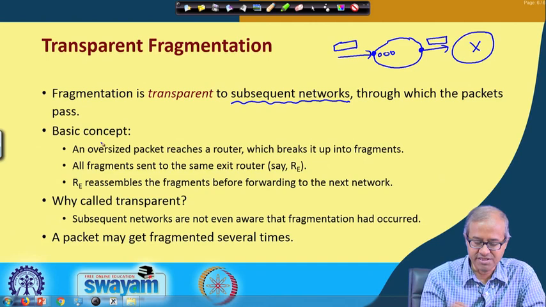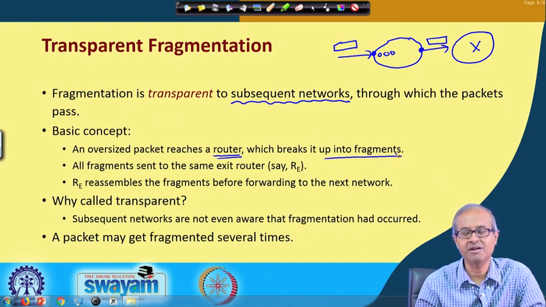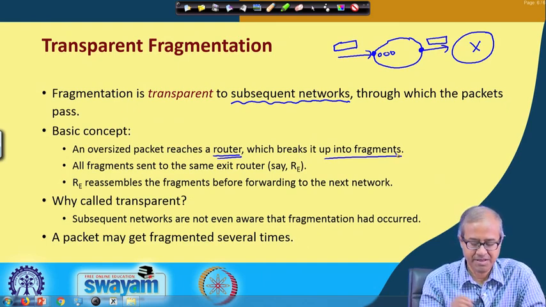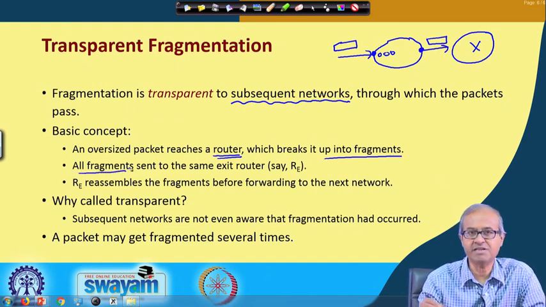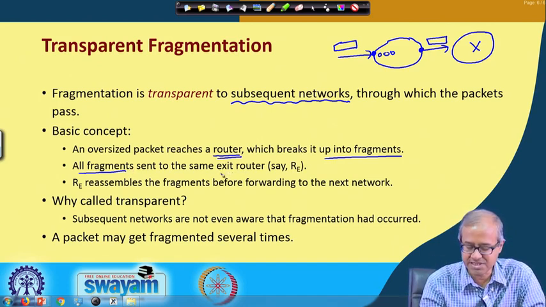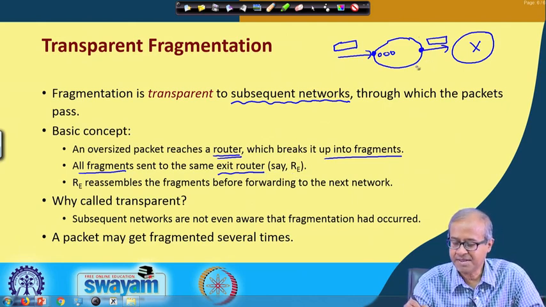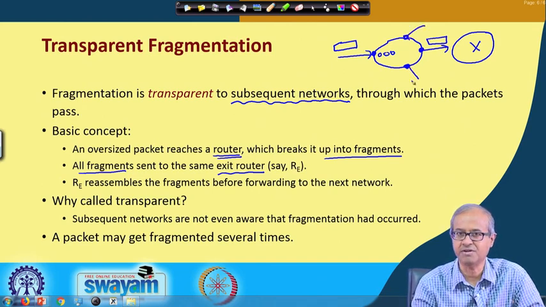The idea is as follows. Suppose a large packet reaches a router which breaks it up into smaller packets or fragments, and each of these fragments is routed, and there is a constraint here: they must be sent to the same exit router, let us say RE, because in a particular network there can be multiple routers connected to the outside world.